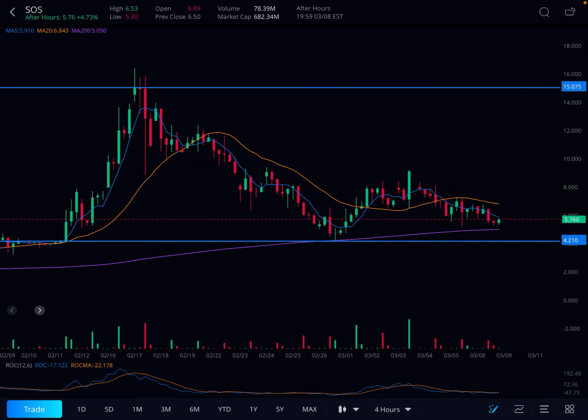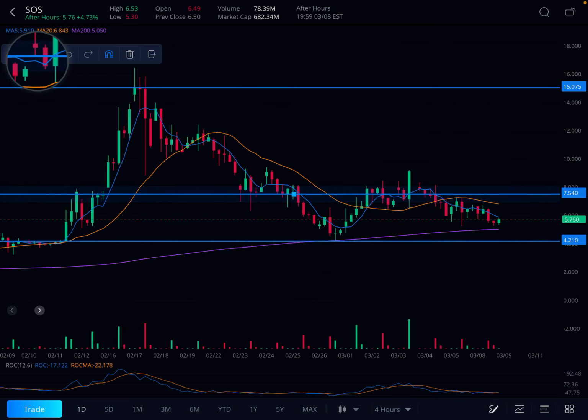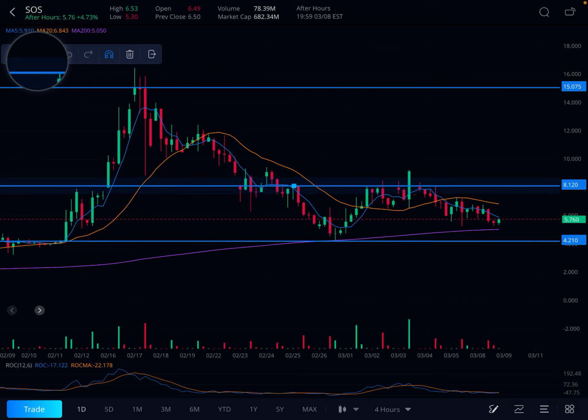Then we're going to draw one more up. You want to make sure it hits as many candles as possible. So I'm thinking right here, 812.